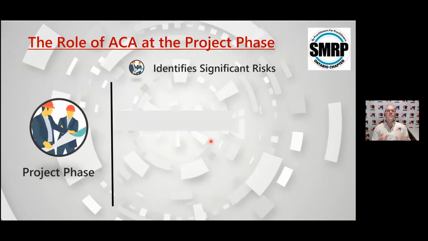So there is an analysis that is very often skipped, and it is of big relevance here. It is the ACA, or the asset criticality analysis. What they do here is that they identify risks, and I will tell you something about risks.